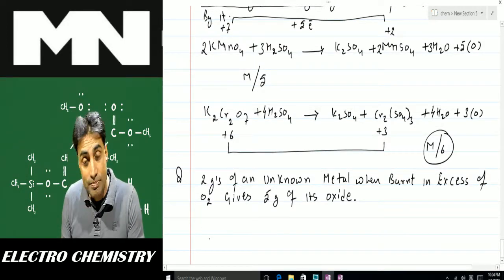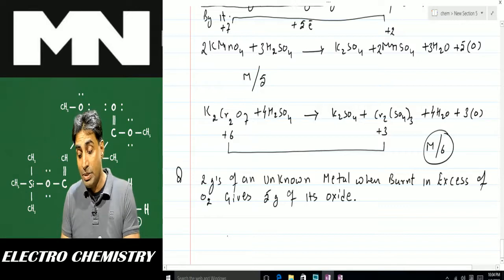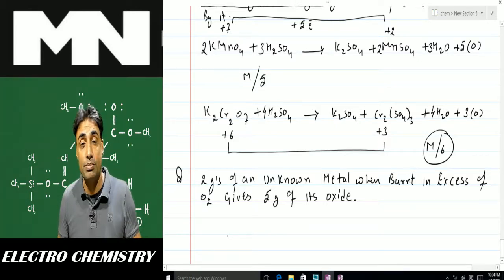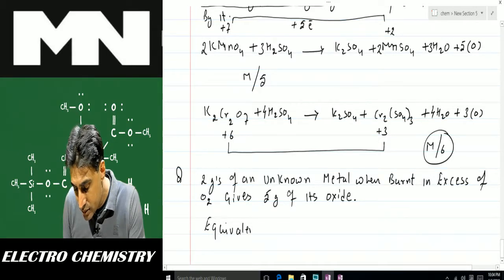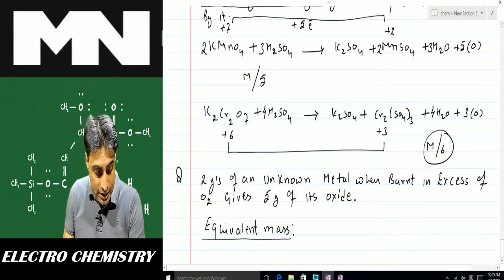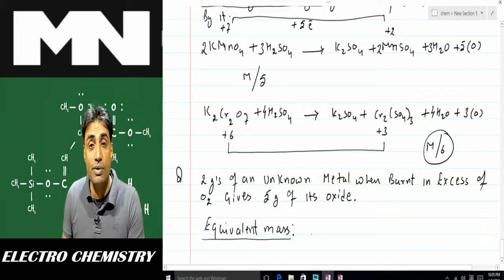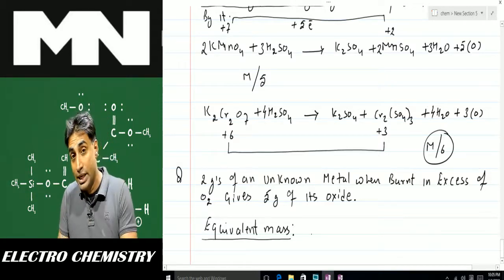So we'll see what the definition is, and after doing that, a lot of things will become clear to you. What is equivalent mass? Here in this chapter, we'll say that equivalent mass is the mass of a substance. Kindly remember my words.